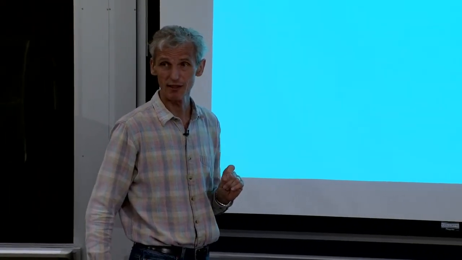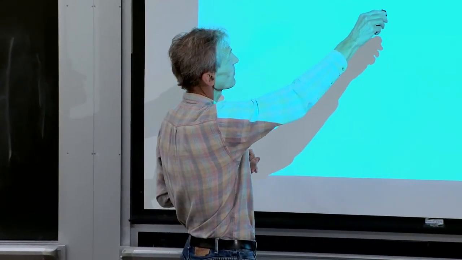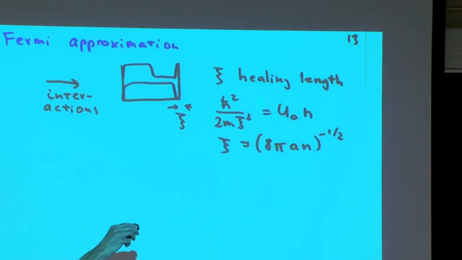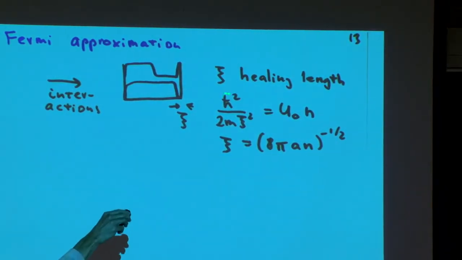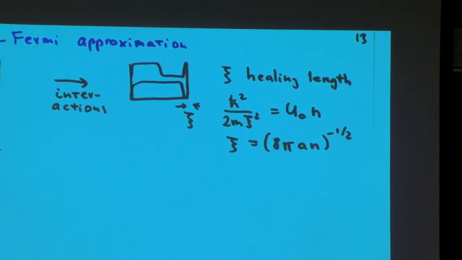They flatten it out, and only at the very last moment, all right, now it's time to go down because we have to meet our boundary condition. And the length scale where you eventually go down has a famous name, the healing length. It is the length scale where the kinetic energy due to the curvature of the wave function is comparable to the interaction energy.